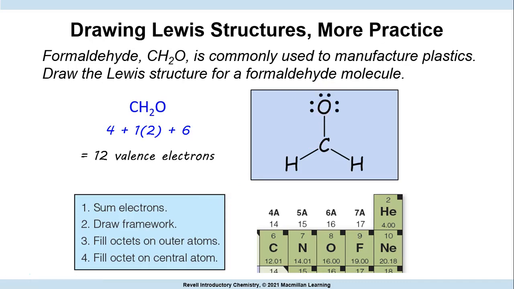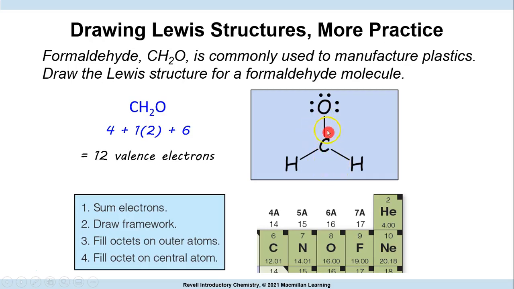Now let's see if all the atoms have attained the octet. Hydrogen is okay. This other hydrogen is okay. This oxygen is okay because it has 8: 1, 2, 3, 4, 5, 6, 7, 8. This carbon is not okay because carbon only has 6. The last rule states that we can complete the octet of the central atom by converting to double or triple bonds if need be.